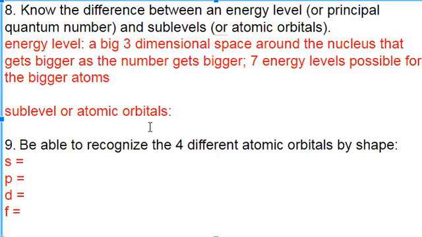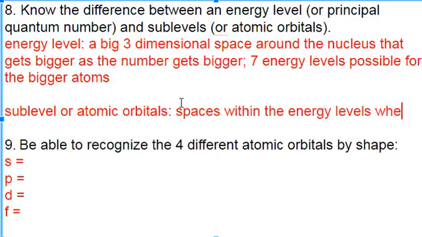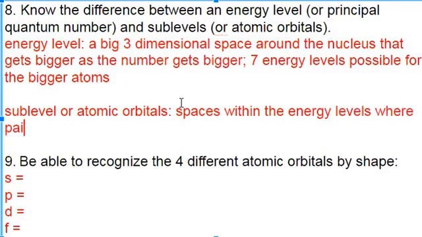Okay, and the sublevel or atomic orbitals are spaces within the energy levels where pairs of electrons hang out or move around. I guess I should say move around.